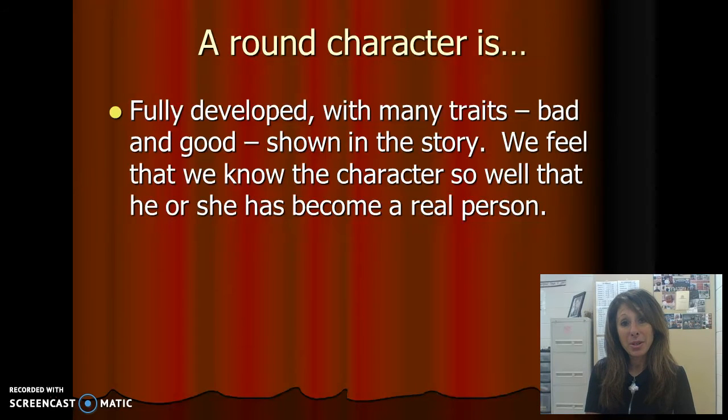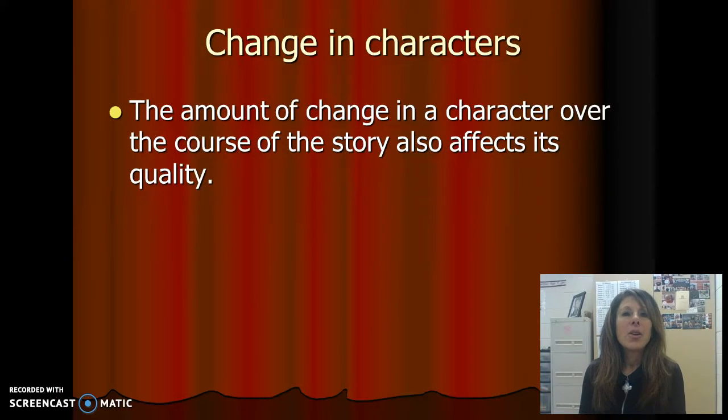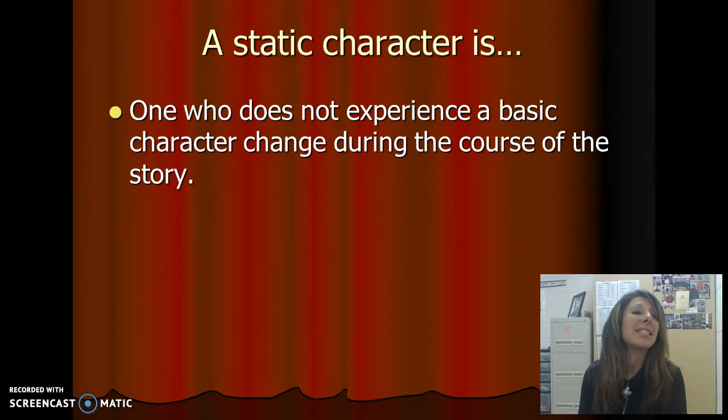That's a round character. There are also sometimes changes in characters, not always, but sometimes we see characters go through changes just like we do as human beings. If a character does not go through a change, if they're always the same, they're always the bully, or they're always the crybaby, or they're always the sweet, helpful, good person that never makes a poor choice, that character is then static.